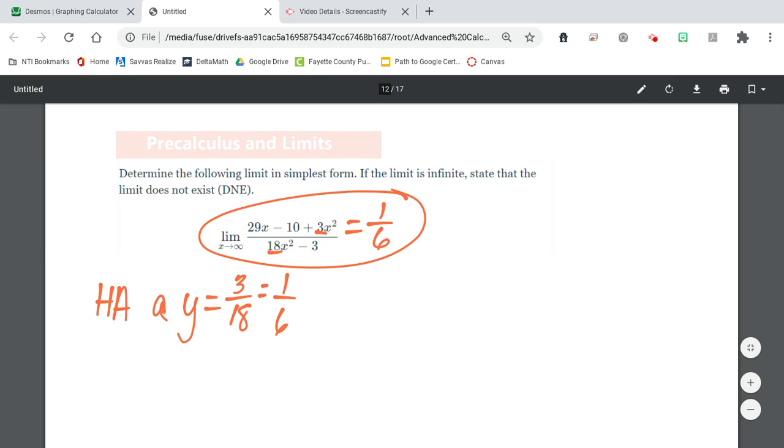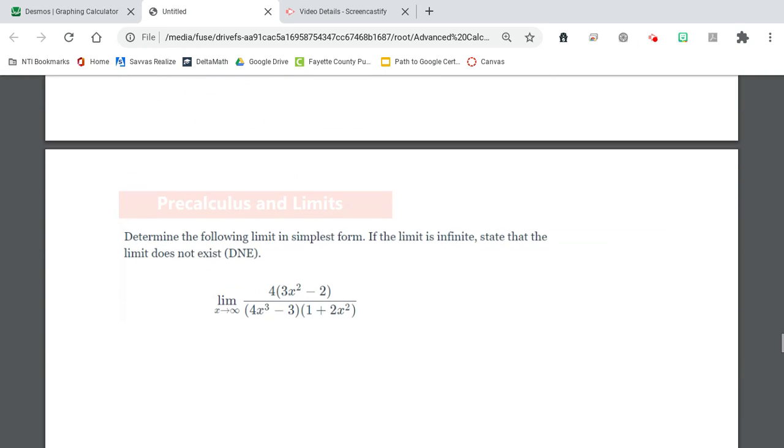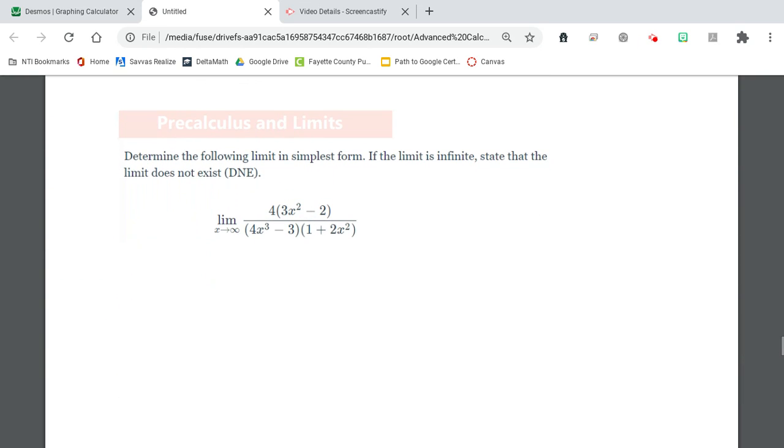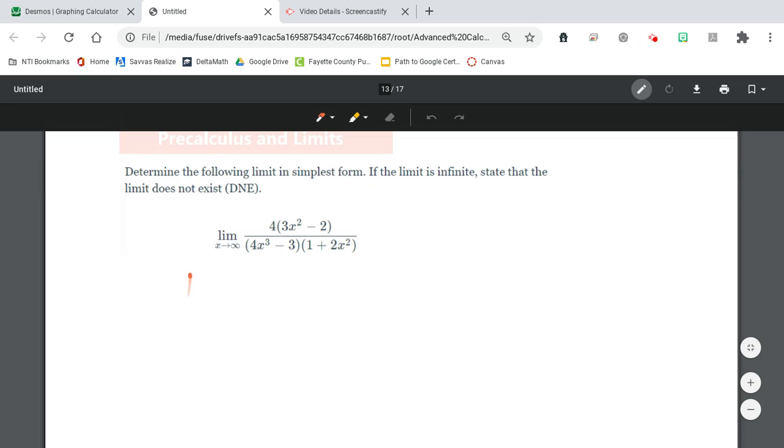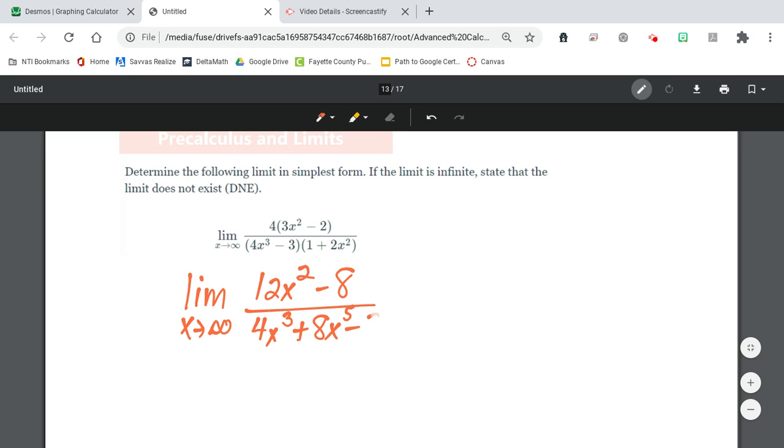Let's see, another example from Delta Math. Sometimes they'll have you multiply it out first. So let's do that. Limit as x approaches infinity, multiply the numerator, 12x squared minus 8 over denominator 4x cubed plus 8x to the fifth minus 3 minus 6x squared.